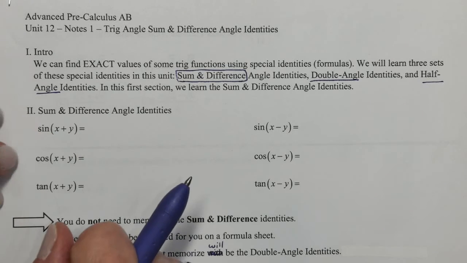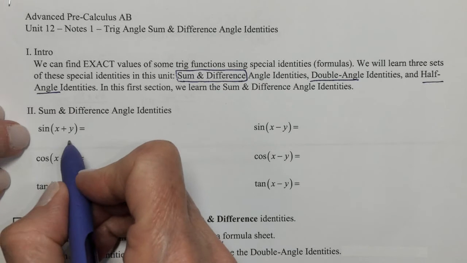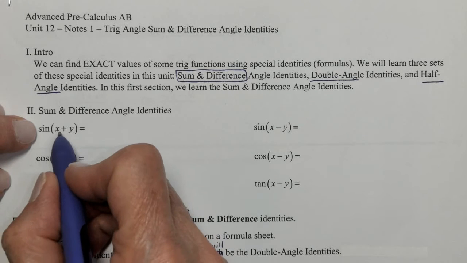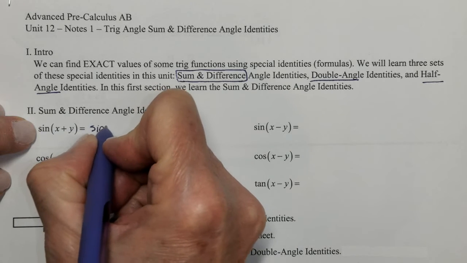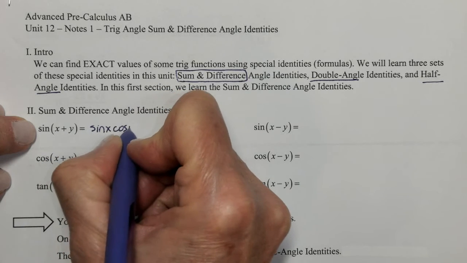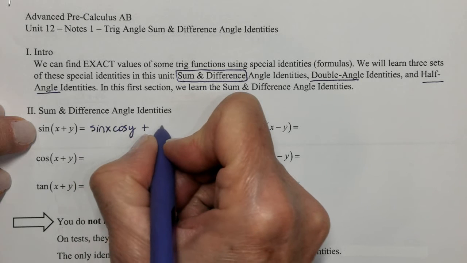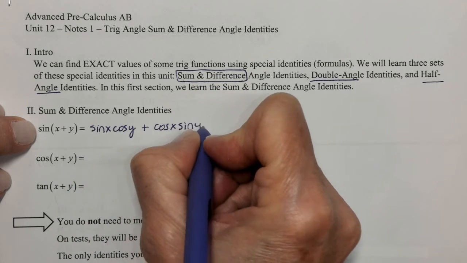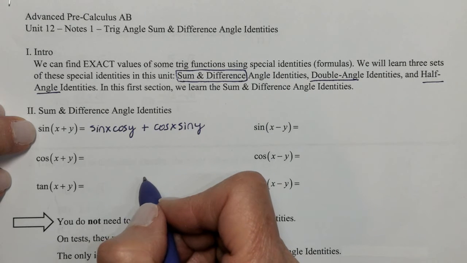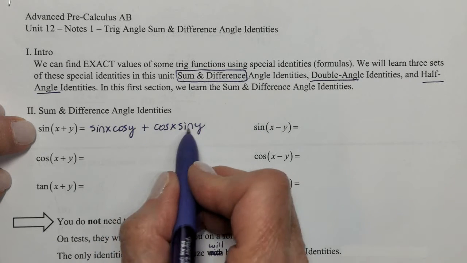cosine, and tangent. Okay, so the formula for sine of x plus y is sine of x times cosine of y plus cosine of x times sine of y. And of course, since multiplication is commutative, you can switch these.